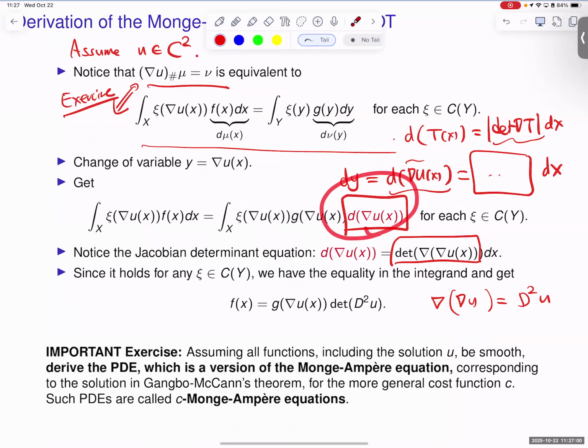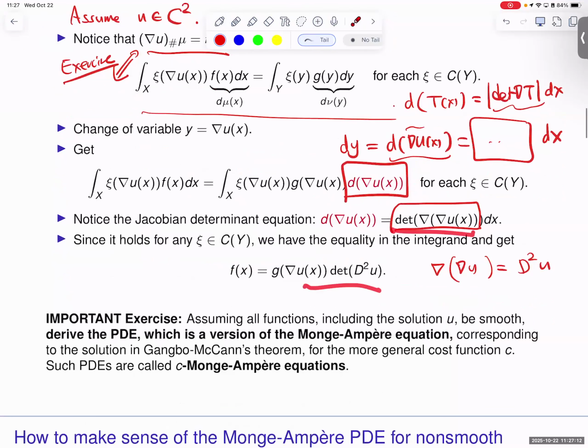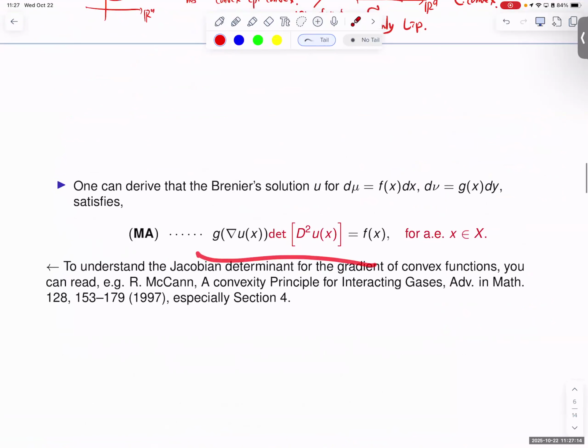There, for convex function, for almost every gradient of convex function, you can still write down the Jacobian determinant and get this. That is the conclusion here, that you can still write down this Monge-Ampère equation, but now for almost every x.